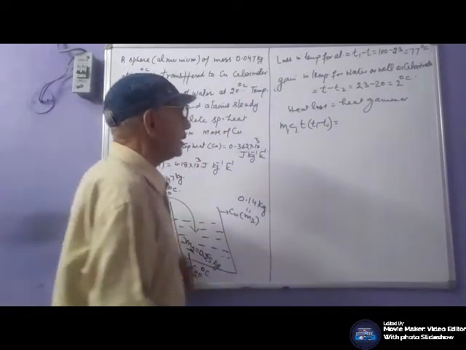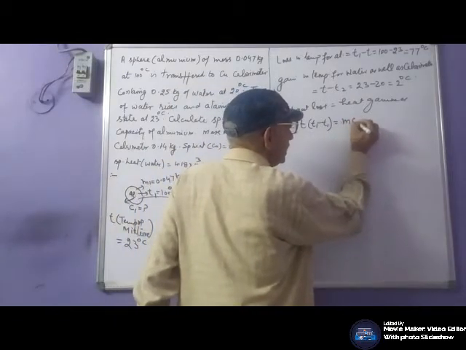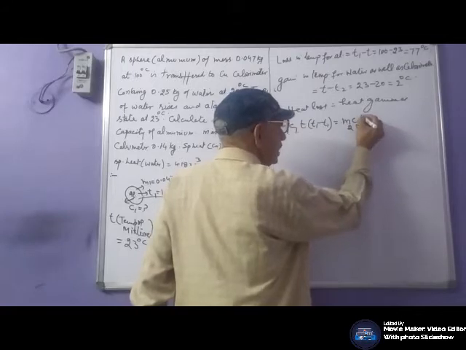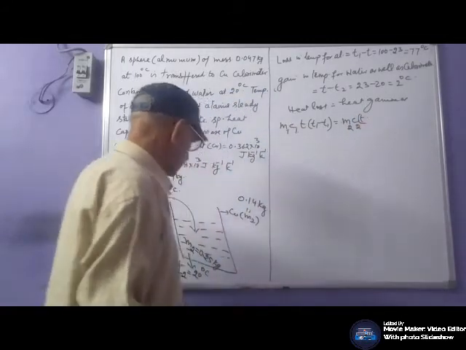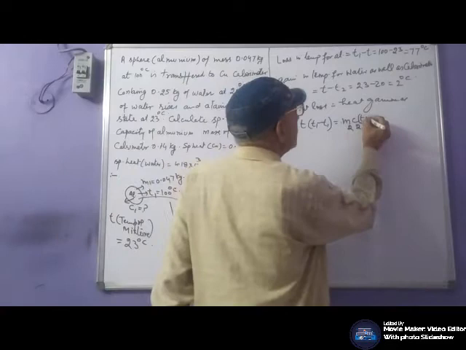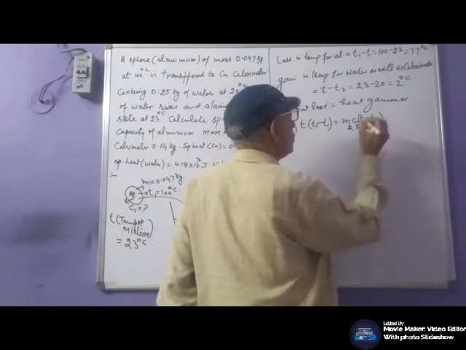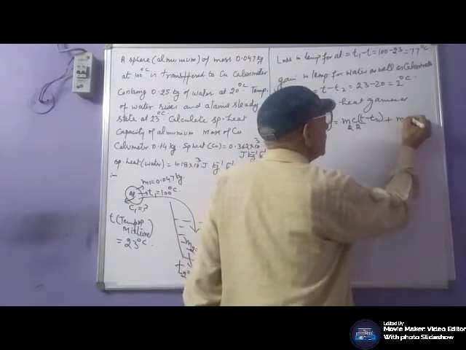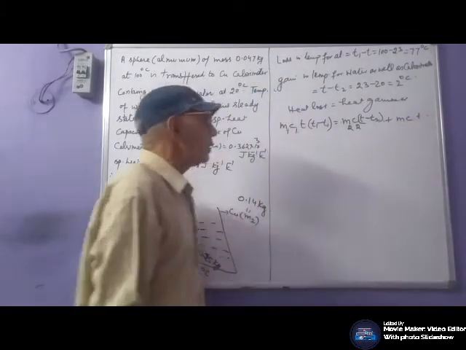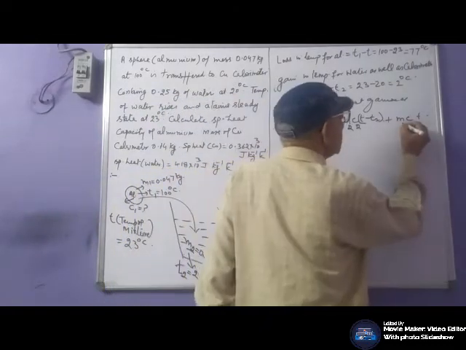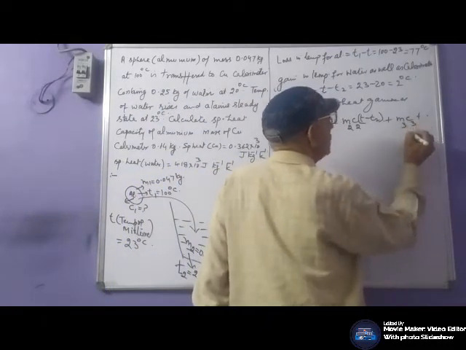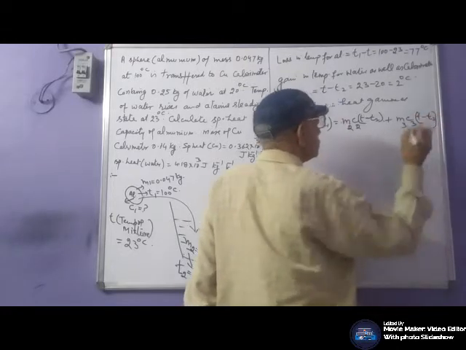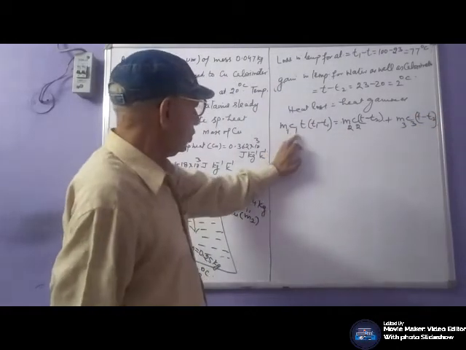Heat gained by water, M2 C2 (T minus T2), plus MCT, heat gained by the copper calorimeter: it is M3, it is C3, it is T minus T2. This we have to calculate.